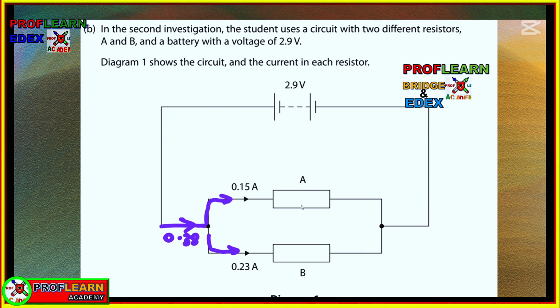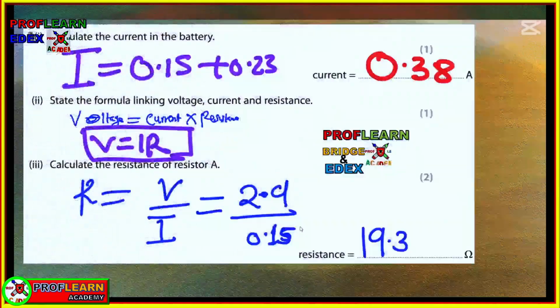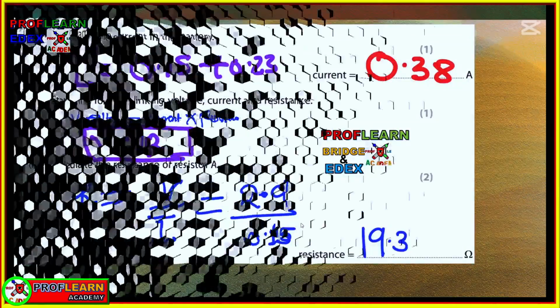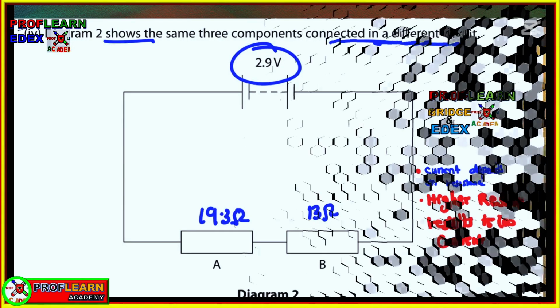So B has low resistance, so more current will be passing here. So what you need to realize is that when components are connected in parallel, they will have the same voltage. They should have the same voltage but different amounts of current, but same voltage.